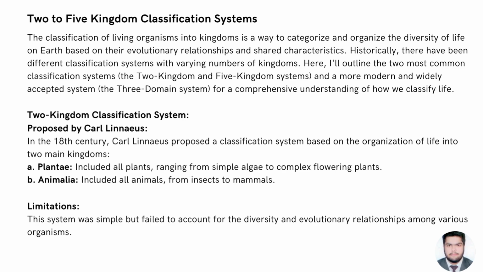Plantae included all plants ranging from simple algae to complex flowering plants. Animalia included all animals, from insects to mammals. Limitations: this system was simple but failed to account for the diversity and evolutionary relationships among various organisms.